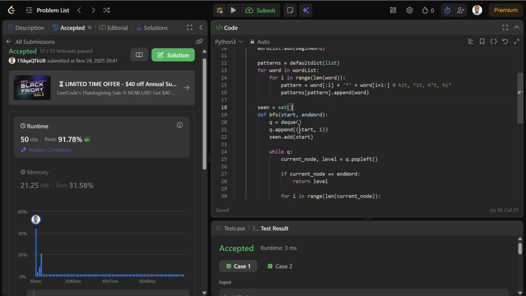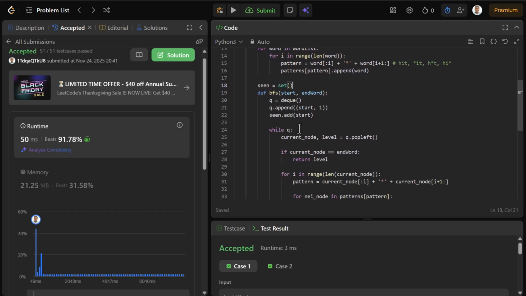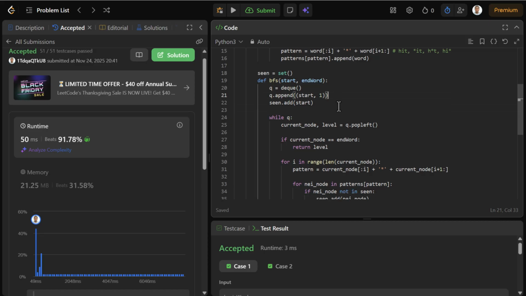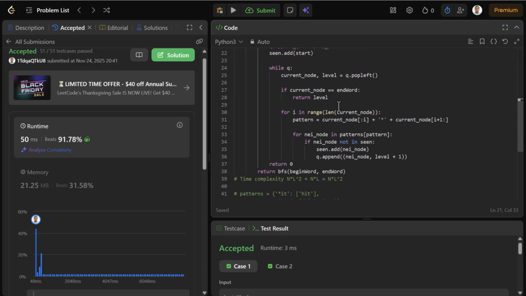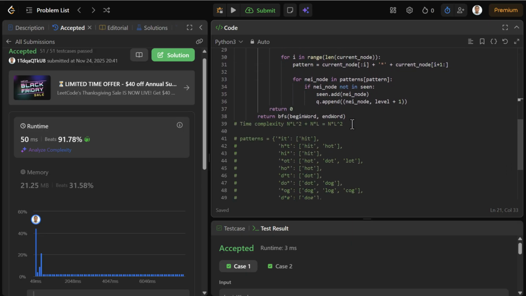And then for the BFS queue, we're also going to have the worst case of n. So n multiplied by L plus n plus n is still O of n multiplied by L. So the space complexity is going to be n multiplied by L.